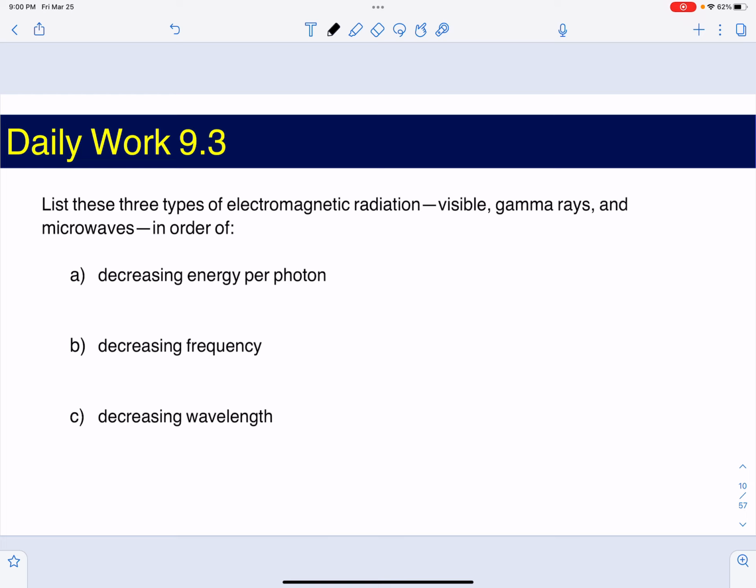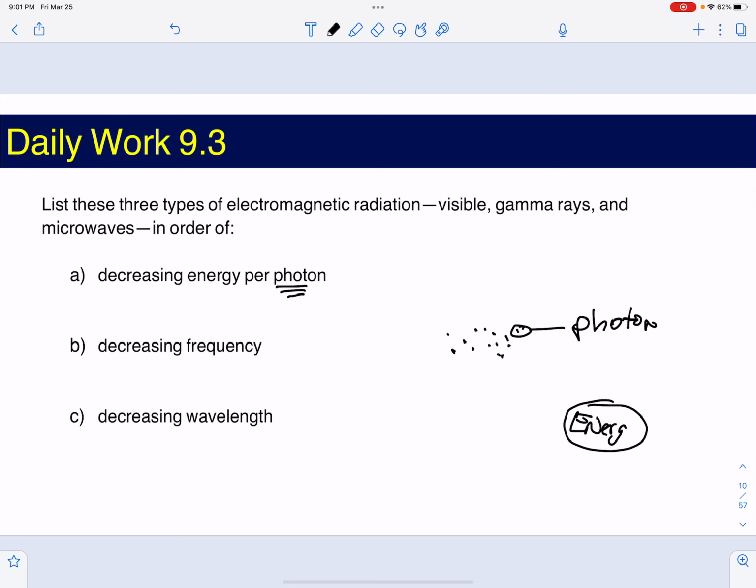By the way, a photon, remember when I told you that the light travels as particles? That's what we call those particles, photons. And photons are just a packet of energy. That's what a photon is, a packet of energy.